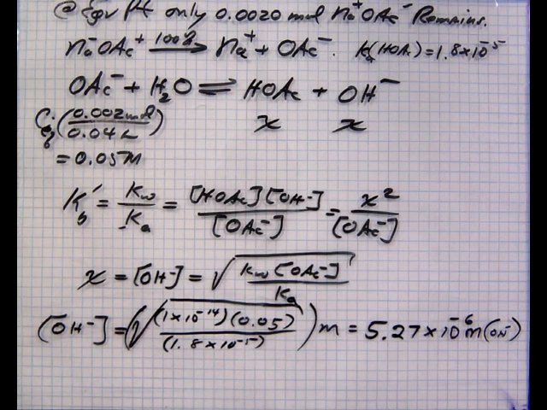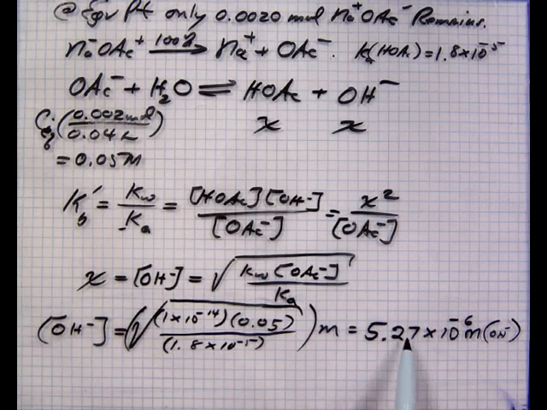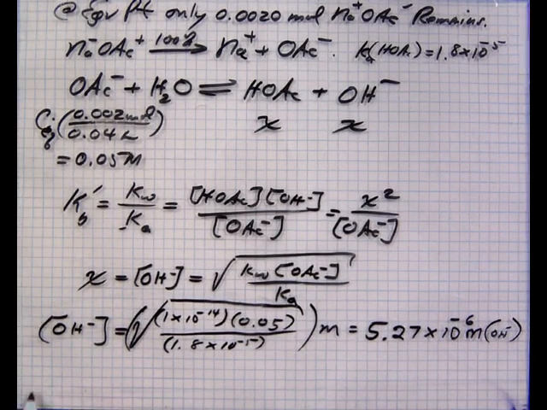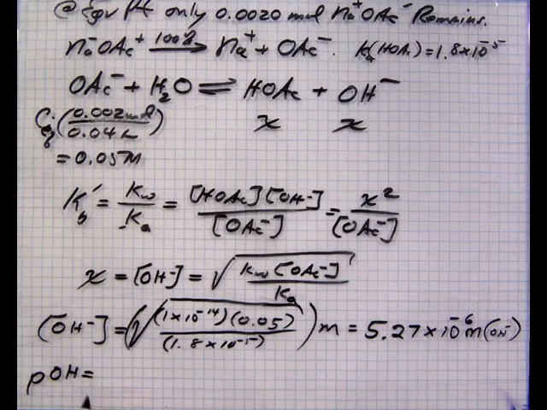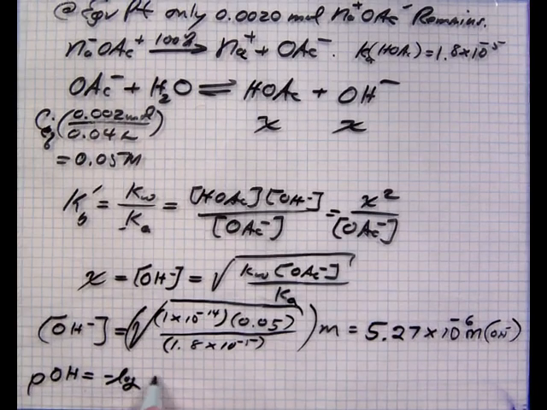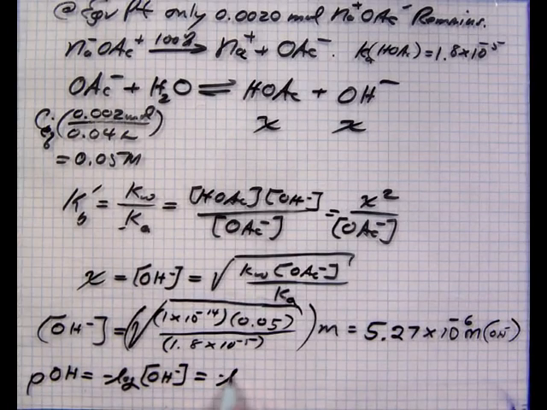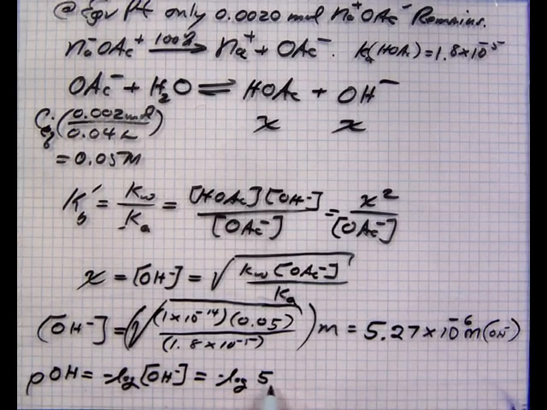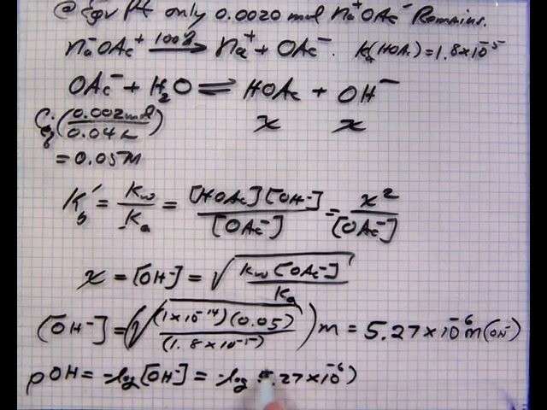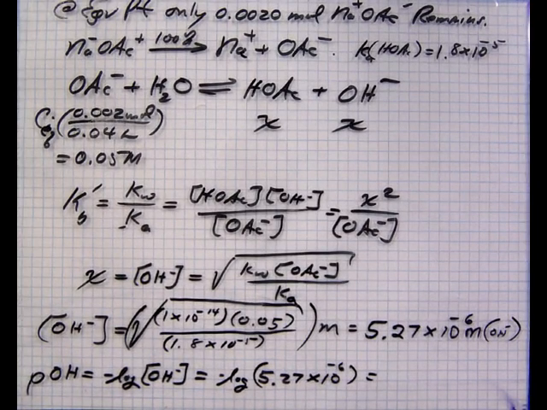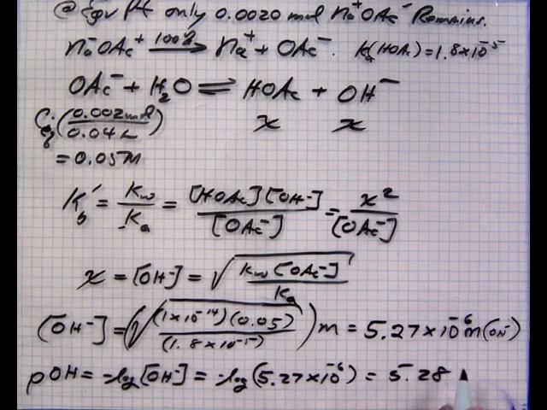So taking the square root, we get 5.27 times 10 to the minus 6. Sorry about that. Anyway, pOH is now minus log of the hydroxide concentration, which is minus log of 5.27 times 10 to the minus 6, which gives us 5.28 right there.